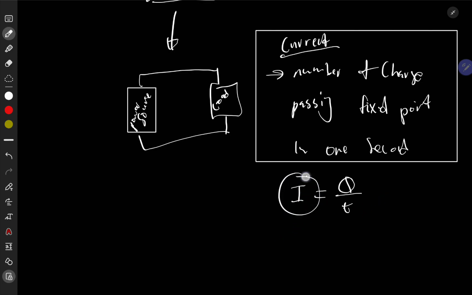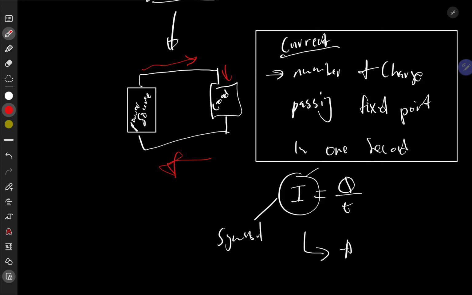The symbol is I, and it is measured in amperes, a big A. You'll see something like 10 A or 2 A. If I have to be realistic, you can use milliamperes or microamperes, depending on the type of circuitry you're working with. Also, current flows in some sort of circuit, in some conventional current direction. We'll look at that in the near future.